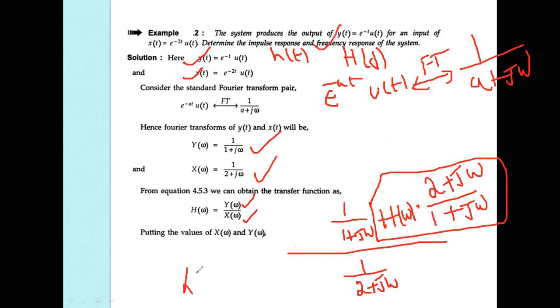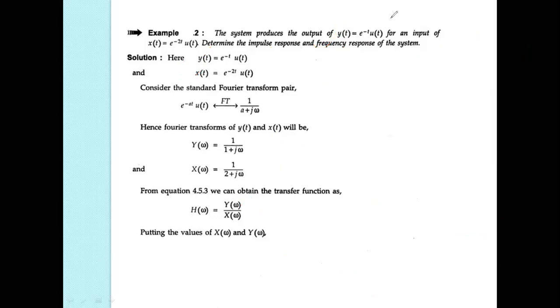Now you can find h of t. H of t means the inverse Fourier transformation of this function. You can split this into two parts. H of omega is equal to 2 plus j omega by 1 plus j omega.